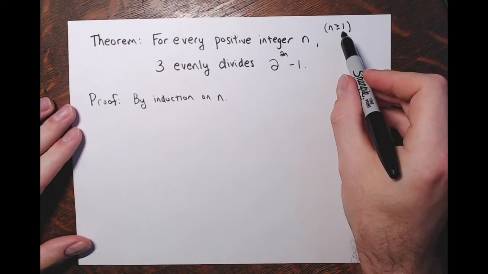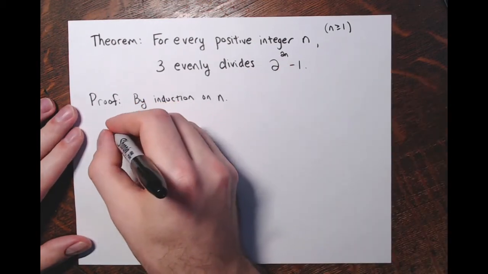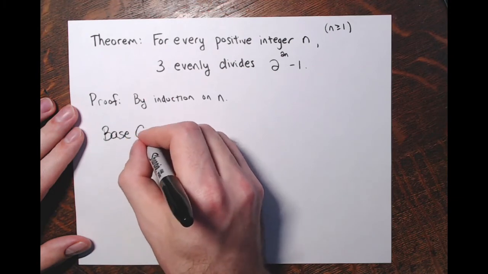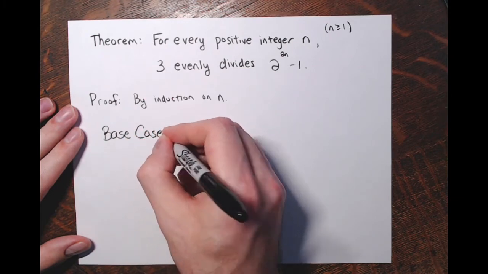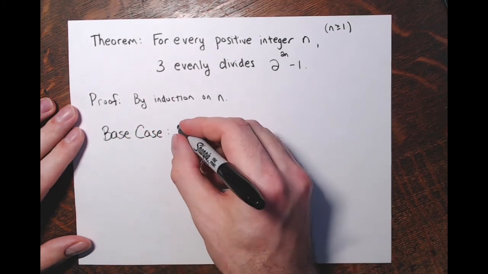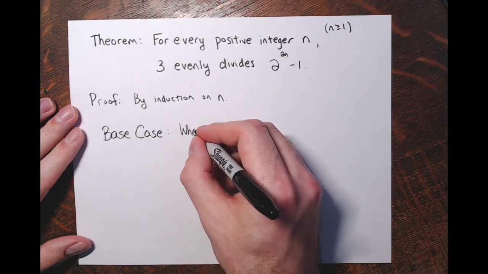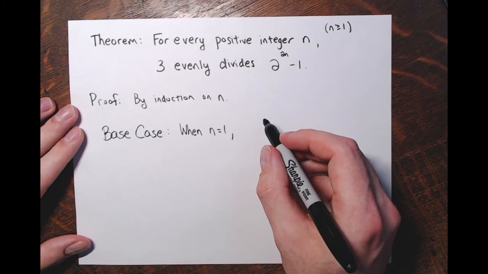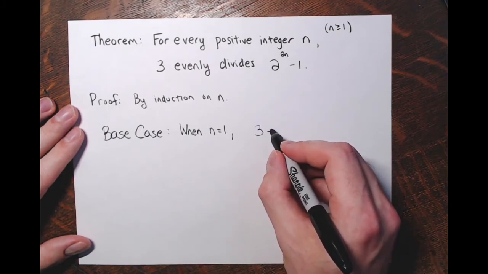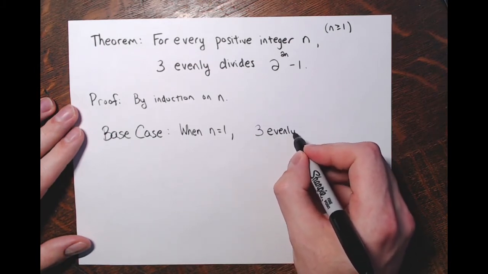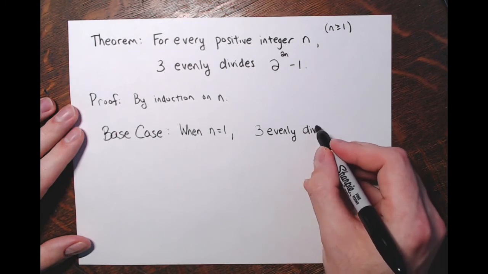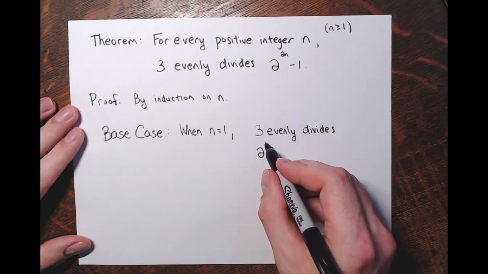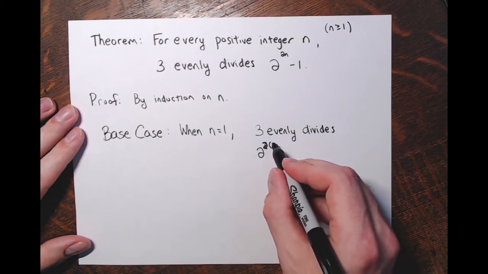Now the lowest integer that we're starting at here is 1, so that's going to be our base case, and I kind of already showed that, but I'll rewrite it. The base case, when n equals 1, we have the statement 3 evenly divides 2 to the 2 times 1 minus 1.